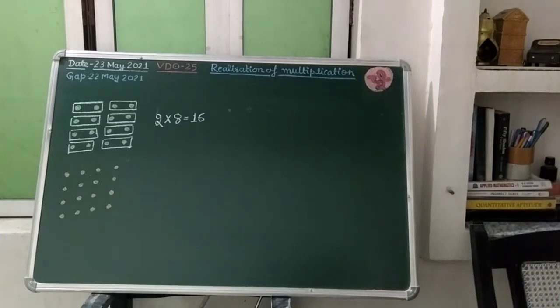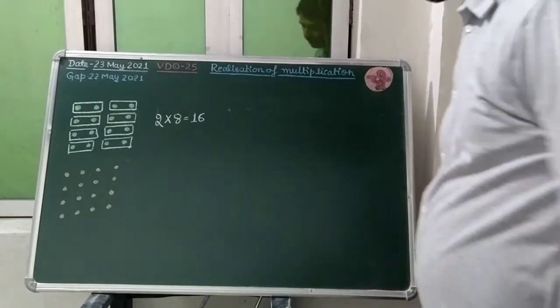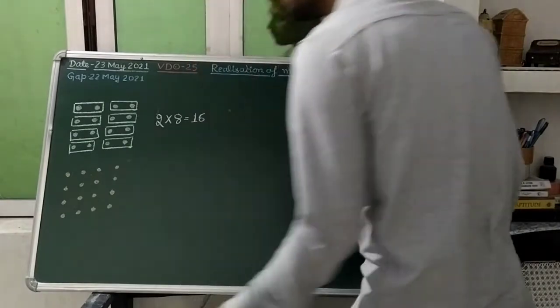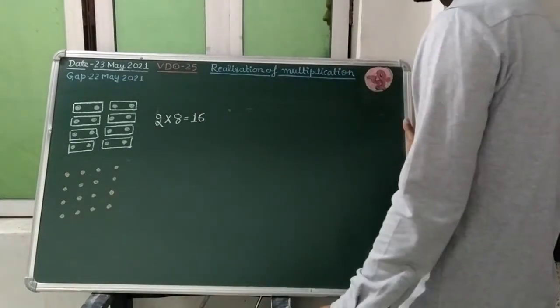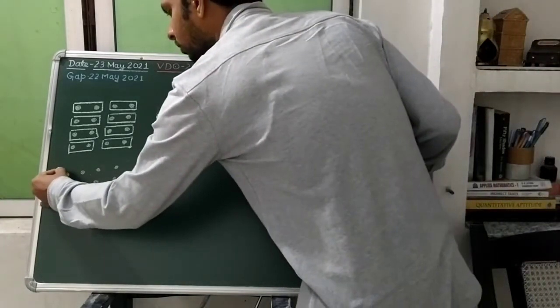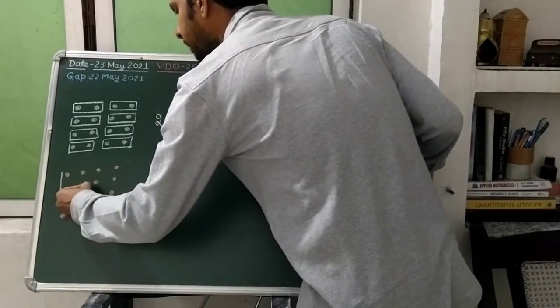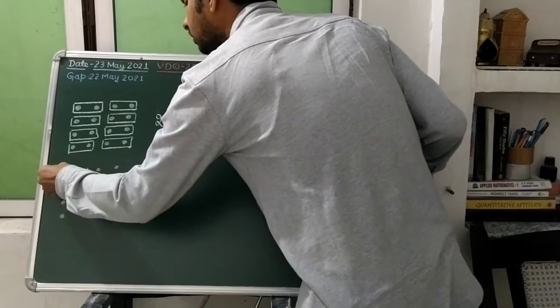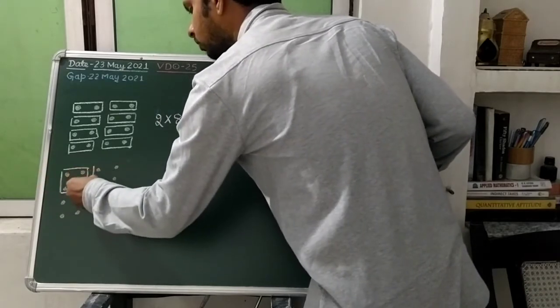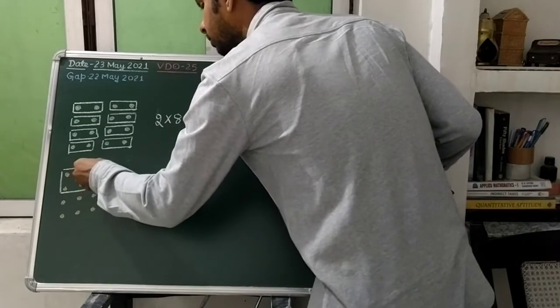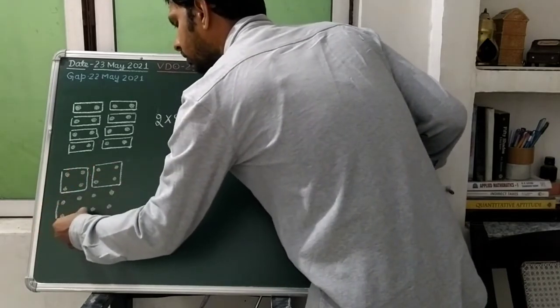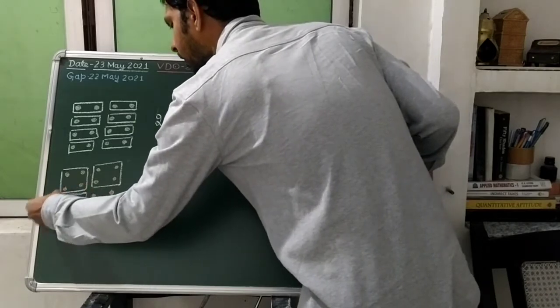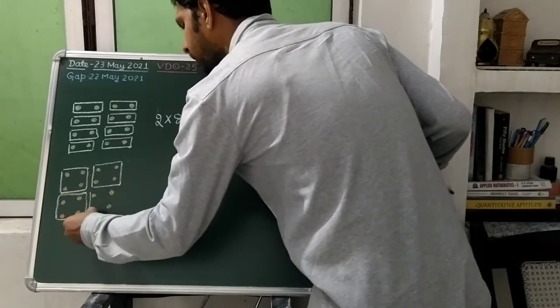Of course, so many ideas will be coming to you. So, of course, we can group them, students, in 4 dots, isn't it? So we are grouping them in 4 dots. We will have one group here, one group here, and then one group here, and one group here, isn't it?